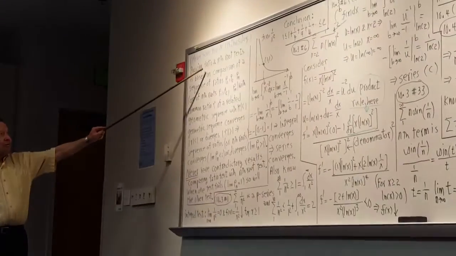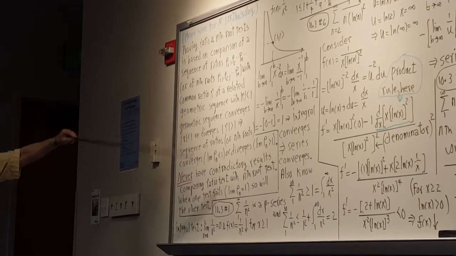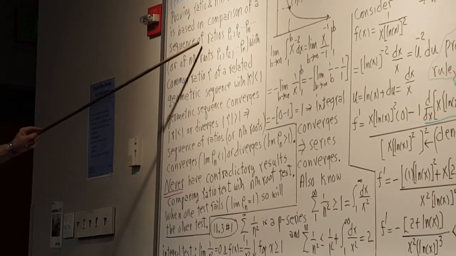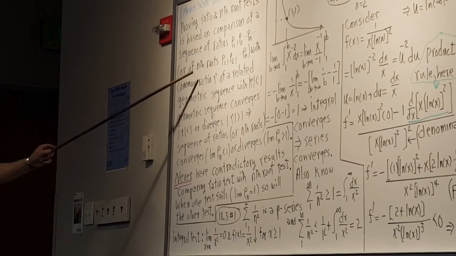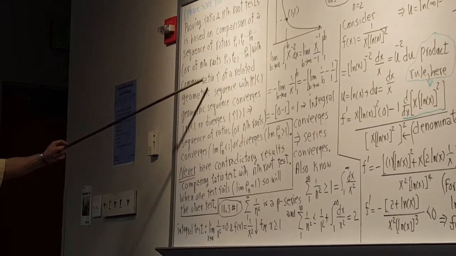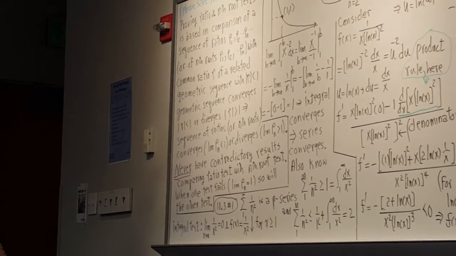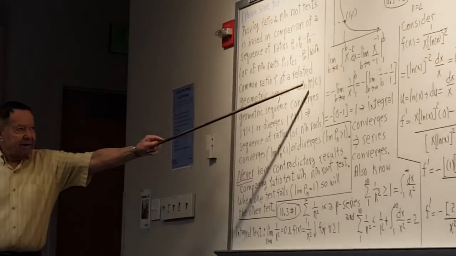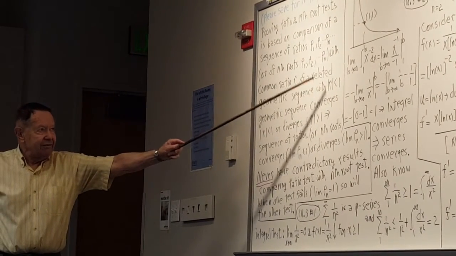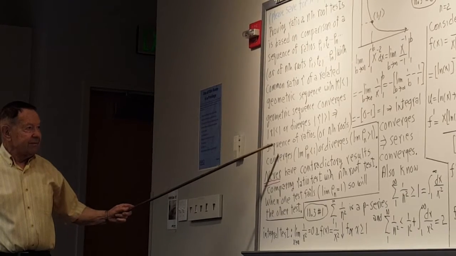So proving the ratio and nth root test is based on a comparison of a sequence of ratios or of nth root values with the common ratio of a related geometric sequence, where the common ratio is less than 1 if it's convergent, or greater than 1 if it's divergent.